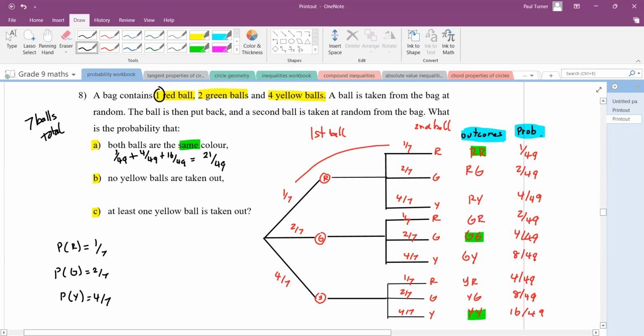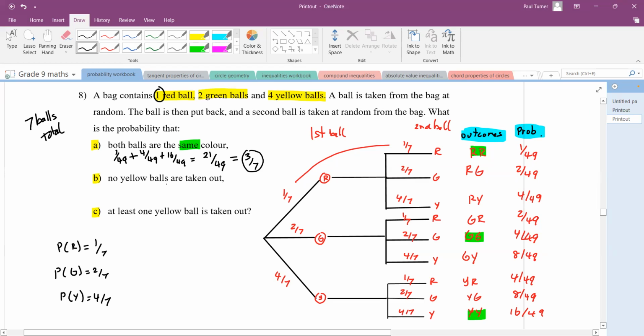And you get your calculator and simplify that, or do it in your head. 21 divided by 49 will be 3 on 7. So this one does simplify. So at this point, we can simplify our answers. So that's going to be 3 on 7. So a bit less than 50% chance to get the same color on the balls.